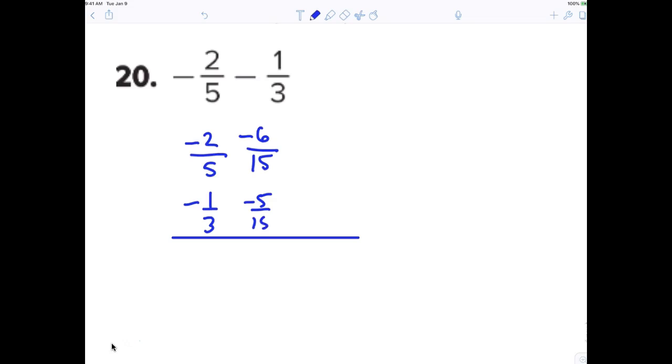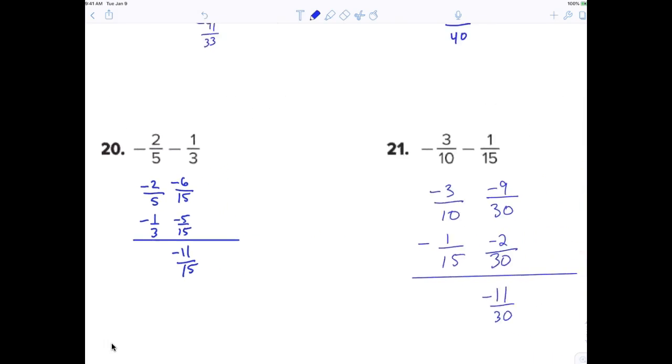Good. So then you subtract them. So what do I get? Yes, -11 over 15. Anybody have any questions with that? Anybody? All right, not on this one, but on 17 and 16. I'll do 16.